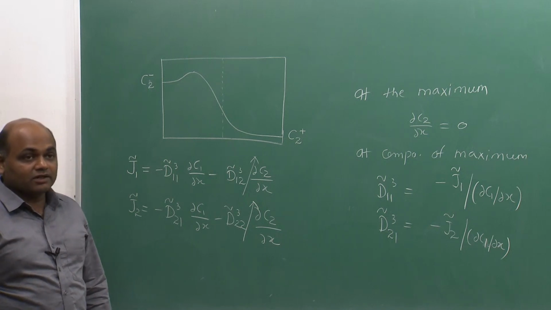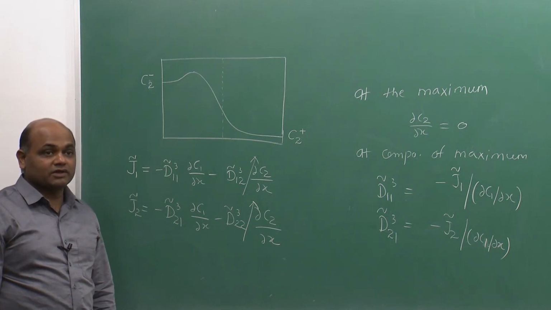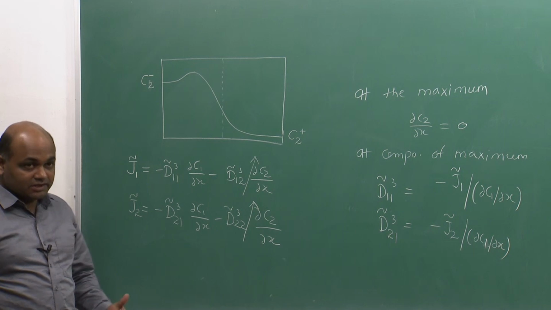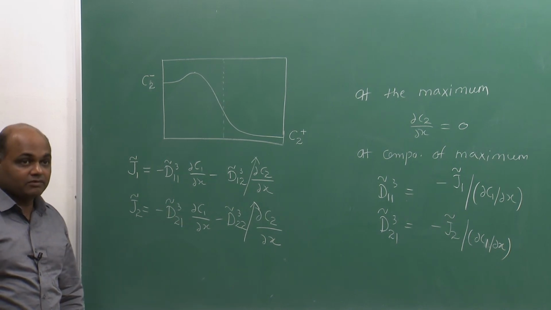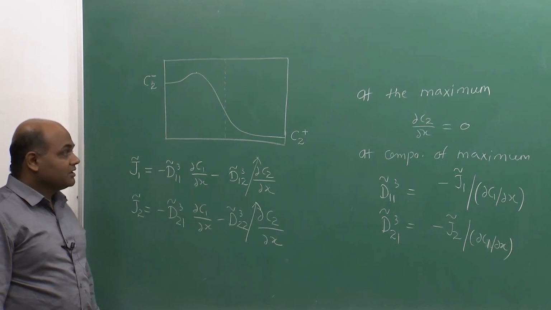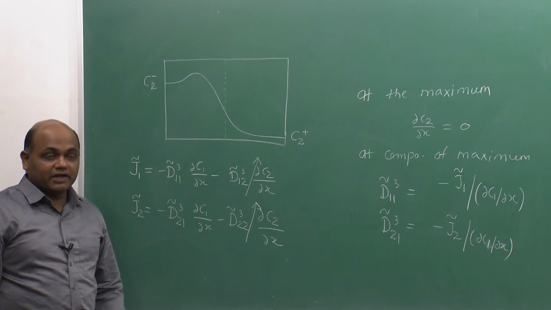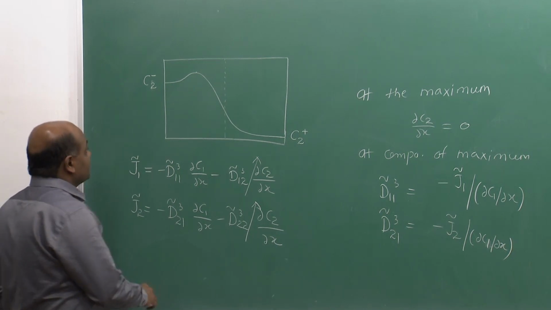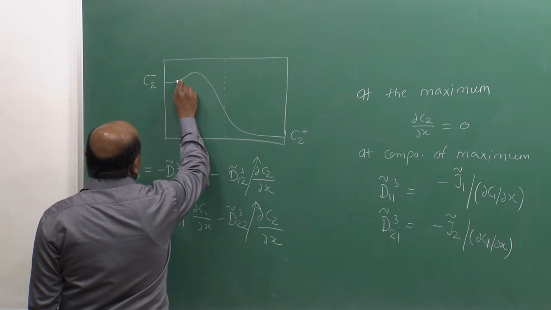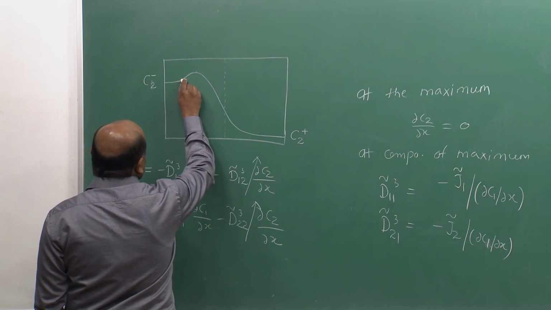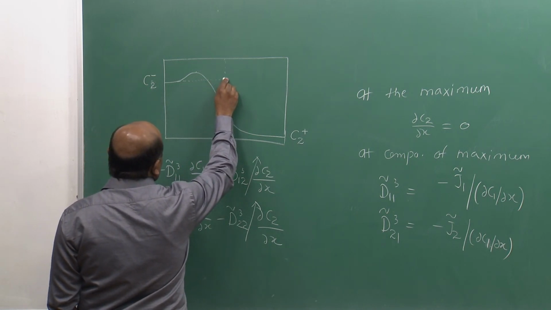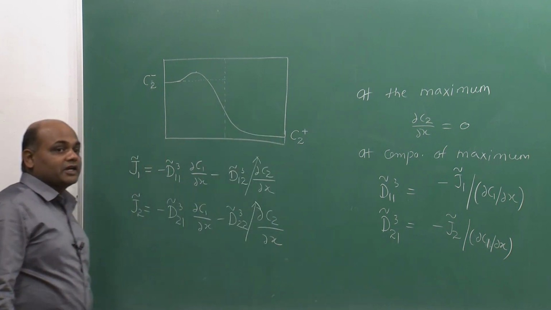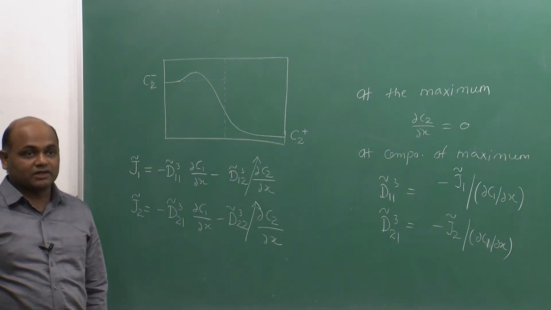Also we have talked about ZFPs or zero flux plane yesterday. These are also important from the point of view of understanding the interdiffusion coefficients here. So, let us say we know how to determine the zero flux plane. So, if there is a minimum or maximum form, we expect that there may be a zero flux plane.